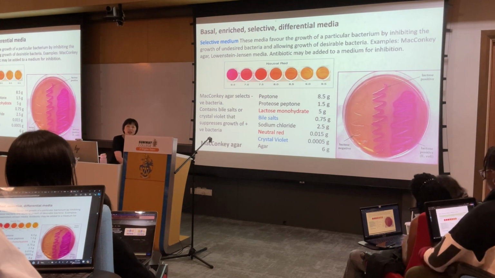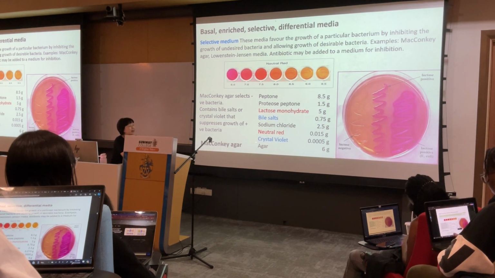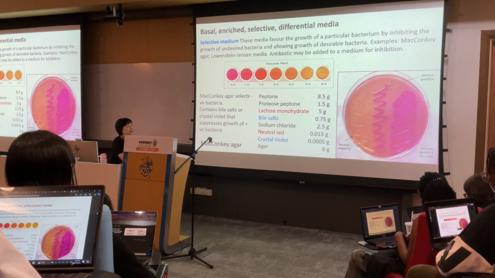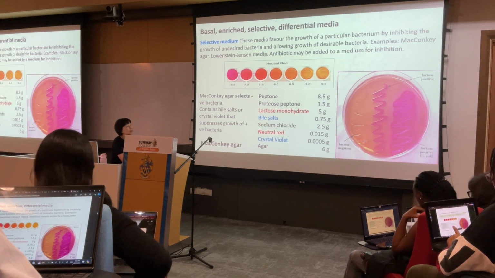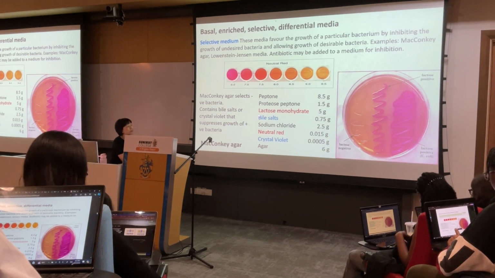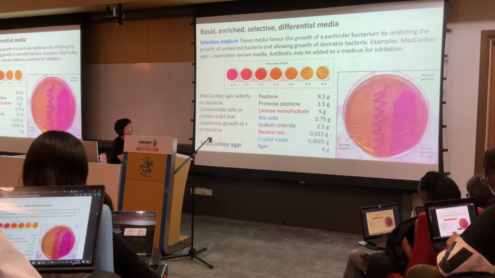DNA is negatively charged. So it can damage or interfere with cell division or DNA replication if it goes all the way into the cytoplasm, into the nucleoid. So both of them are actually not very favorable to the gram-positive.